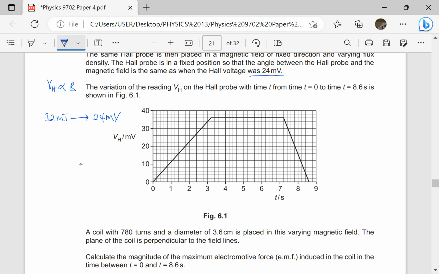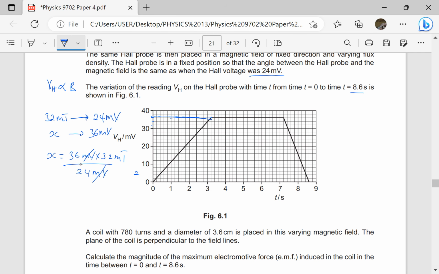The variation of the reading VH on the Hall probe with the time t from t equals 0 to 6 is shown. Let's first find the value of B corresponding to this value here. The scale here is 10 divided by 5, which is 2: 32, 34, 36. So X is going to correspond to 36 millivolts. X is equal to 36 millivolts times 32 milliteslas divided by 24 millivolts.